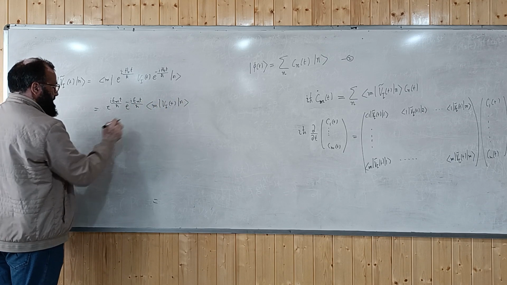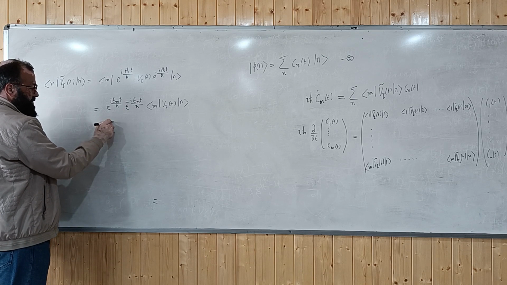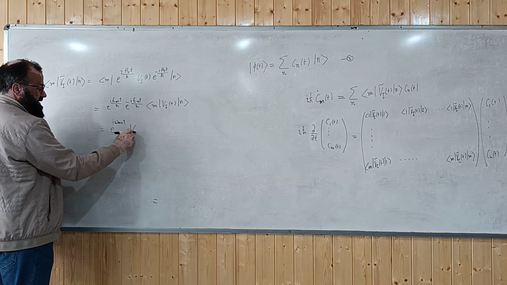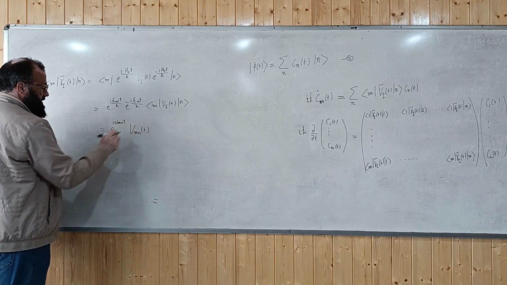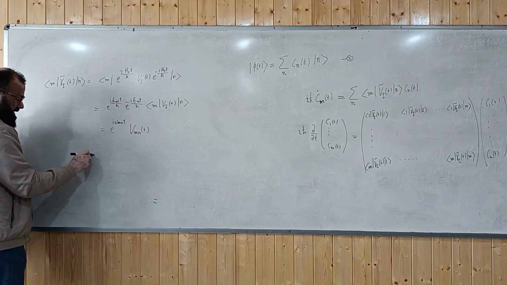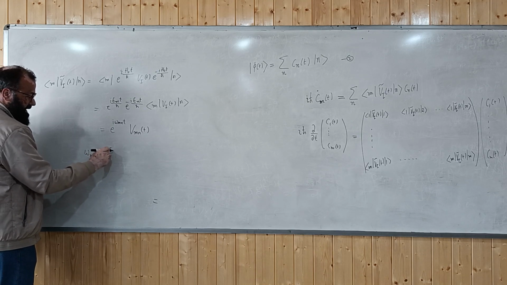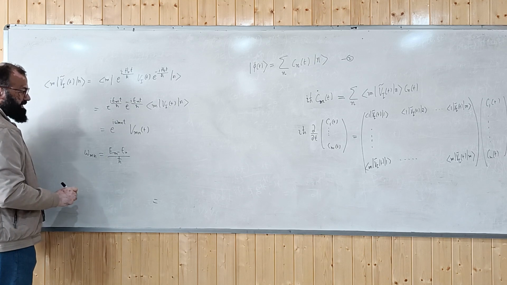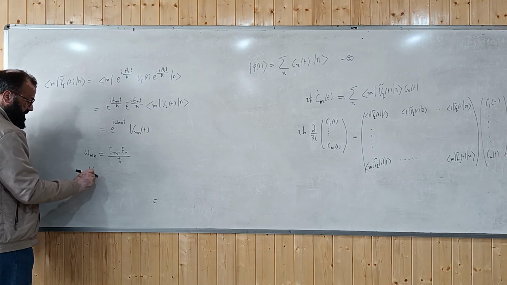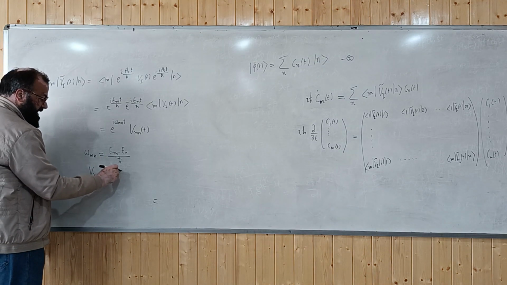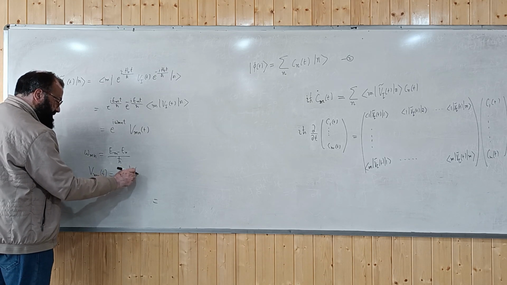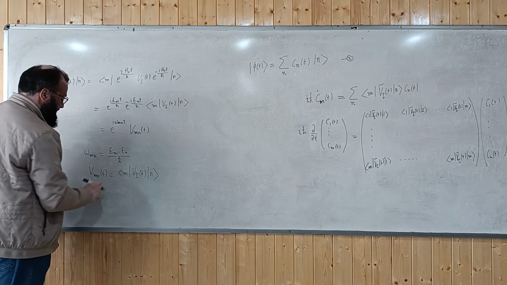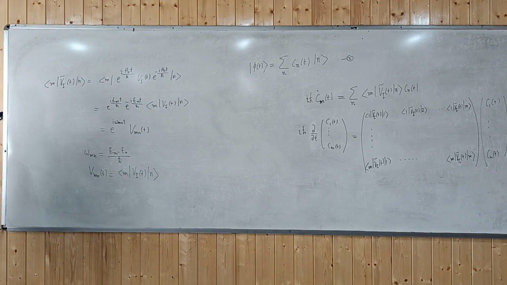So what is that equal to? I will put it as e^(i omega_mn t) V_mn(t), where omega_mn is equal to E_m minus E_n, usually known as the Bohr frequencies. And V_mn(t) are the matrix elements of this time dependent potential, or the perturbation, in the eigenbasis of this H naught. Got it?